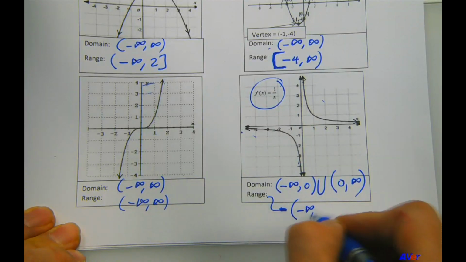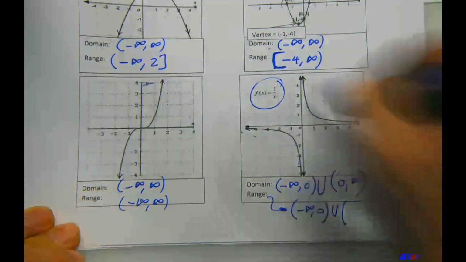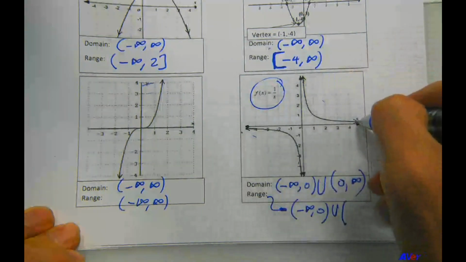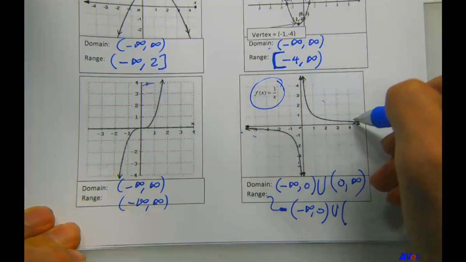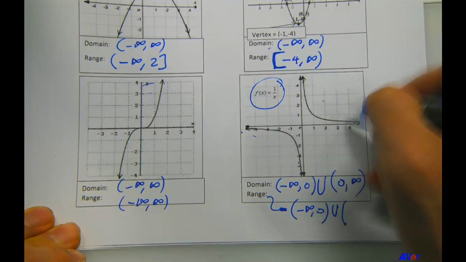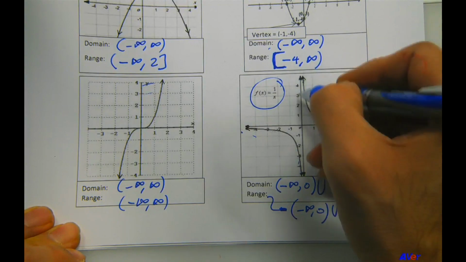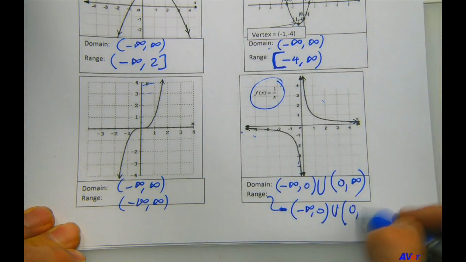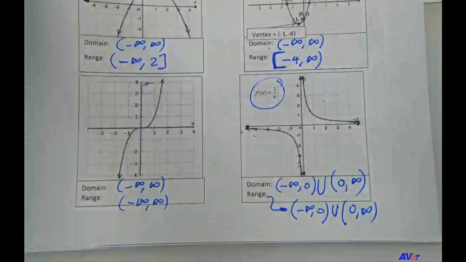So negative infinity to 0, union the second piece. What does it do with respect to the y-axis? It is starting out right after y equals 0. It cannot be equal to 0. Right after y equals 0, it looks like it's starting and then it's going up to positive infinity with respect to the y-axis. So 0, infinity. So the domain and range look like the same for this interesting function, 1 over x. Okay, I hope this is making sense.